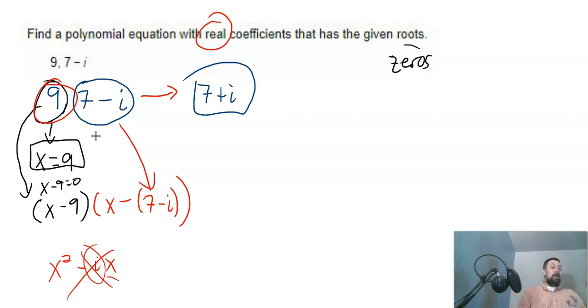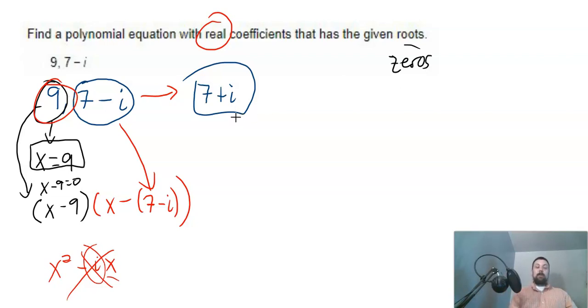And so they don't tell us that in the problem. We have to know this fact, that if 7 minus i is going to be a root, we need to add 7 plus i to that list. That's how you will be tested on your knowledge of the conjugate pair theorem, right? By being given a problem like this with one complex root, and you having to know you need to add its conjugate to that list.